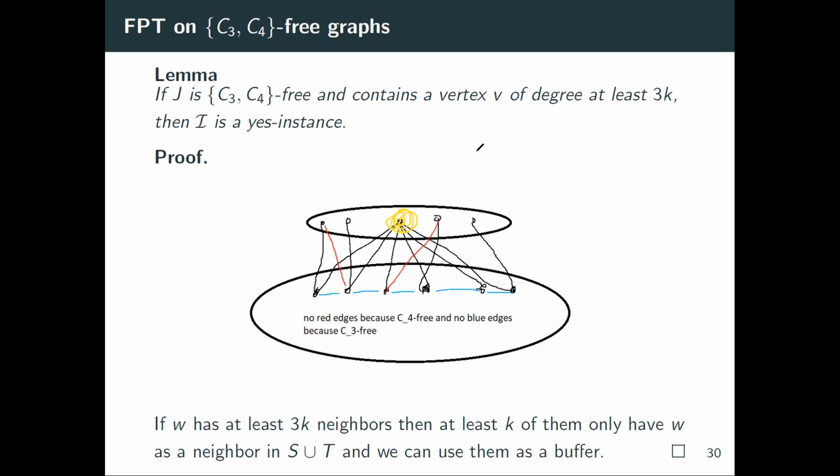Well, we know that J is C3 free, so the blue edges cannot exist, which means that the neighborhood of the yellow vertex is an independent set inside J, not in the whole graph, because we're only talking about J as a subgraph here. The blue edges cannot exist because otherwise we would get a C3 inside J.